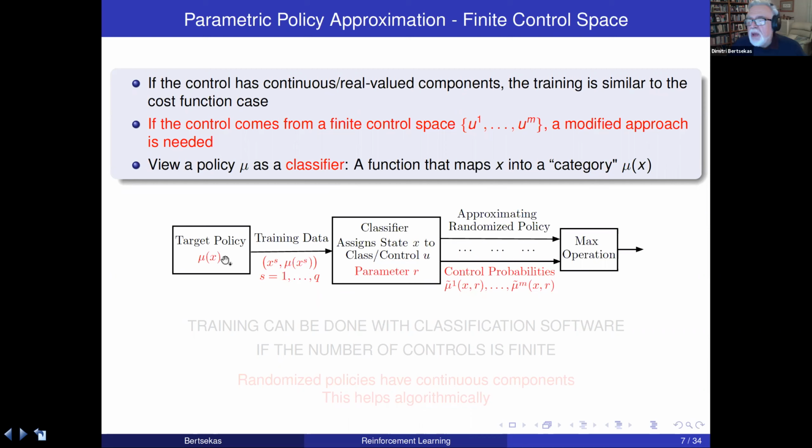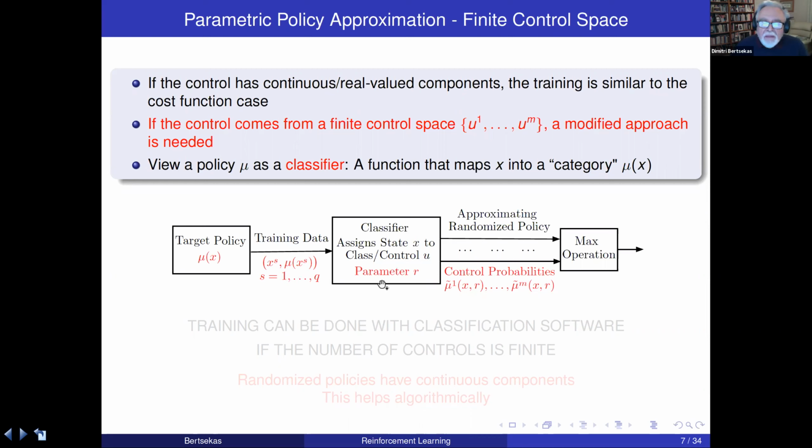This target policy may be, for example, the rollout policy corresponding to a given base policy. We have ways to calculate the values of the rollout policy, and when you do that for many states, we obtain training data. And this training data is fed into a classifier, which assigns state X to control U. There's only a finite number of U's here for categories, and they depend on a parameter.